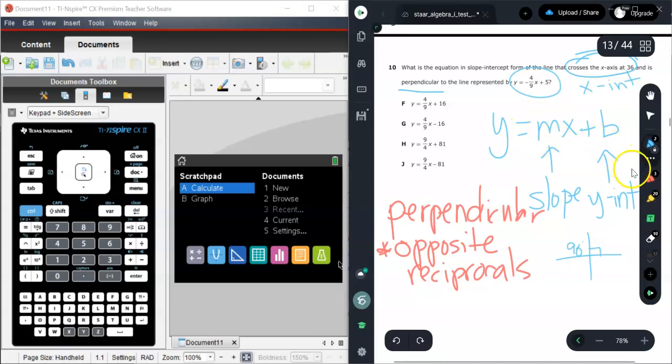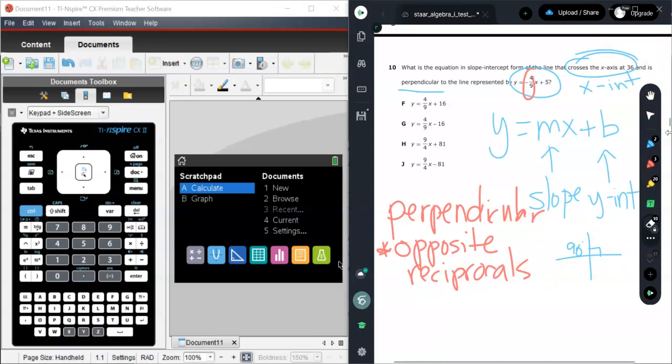So what's the slope of the line that I have right now? The slope is negative 4 over 9. You can see that right there, I've somewhat circled it. What we want to do is find a line that's perpendicular to that. Well, let's come down and do an example.